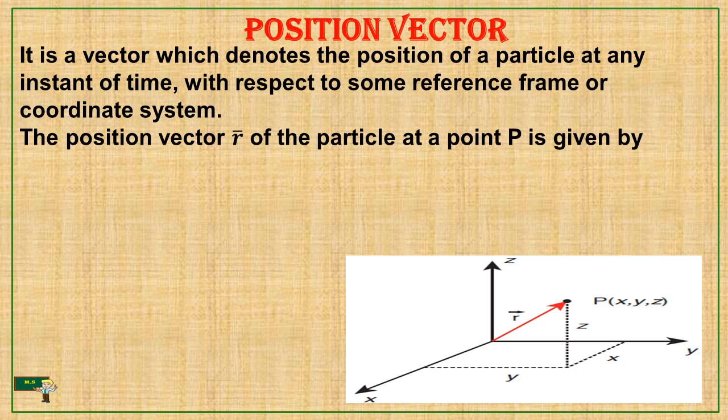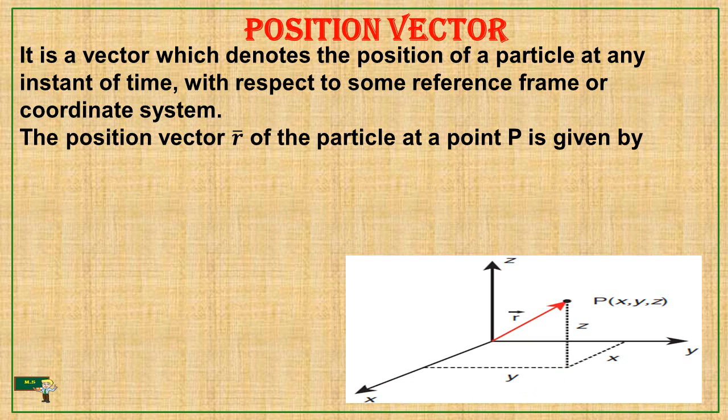Now let's see what it denotes. It is a vector which denotes the position of a particle at any instant of time, with respect to some reference frame or coordinate system. These reference frames are x, y and z.